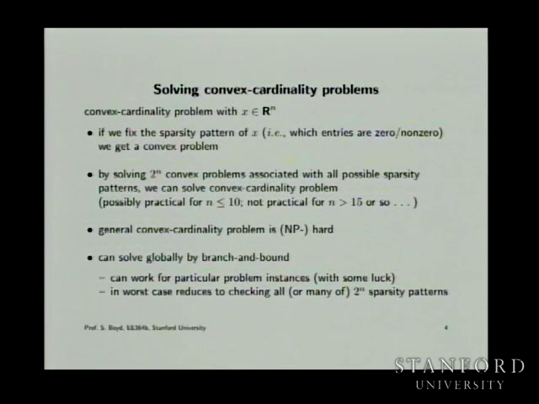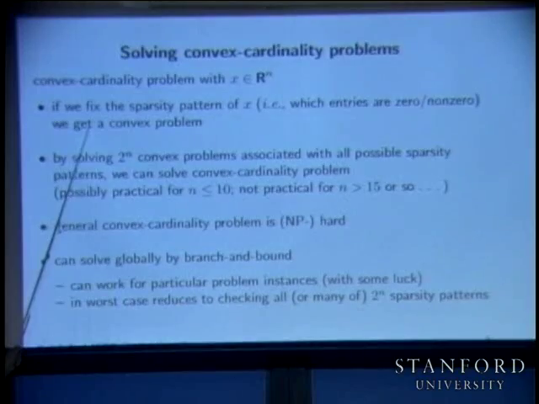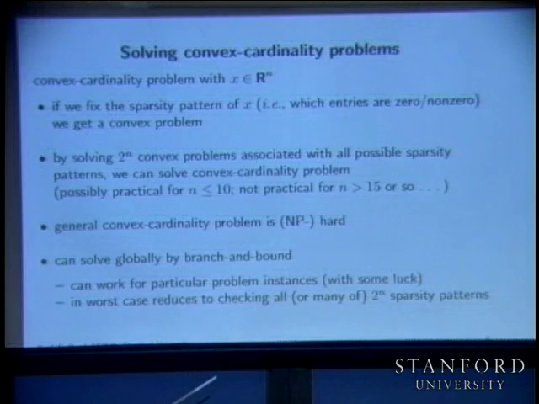But if you fix the sparsity pattern, you get a convex problem, and it's all over. Now, what this says is that if n is, let's say, 10, these cardinality problems can be solved immediately and globally, because you just solve 1024 convex problems, and you're done. Everybody see what I'm saying?